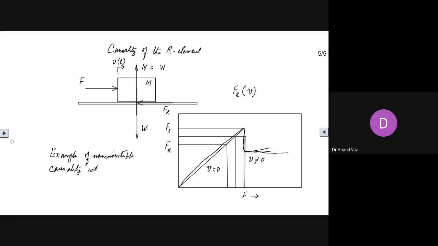That means the relationship can be in one causal form only.